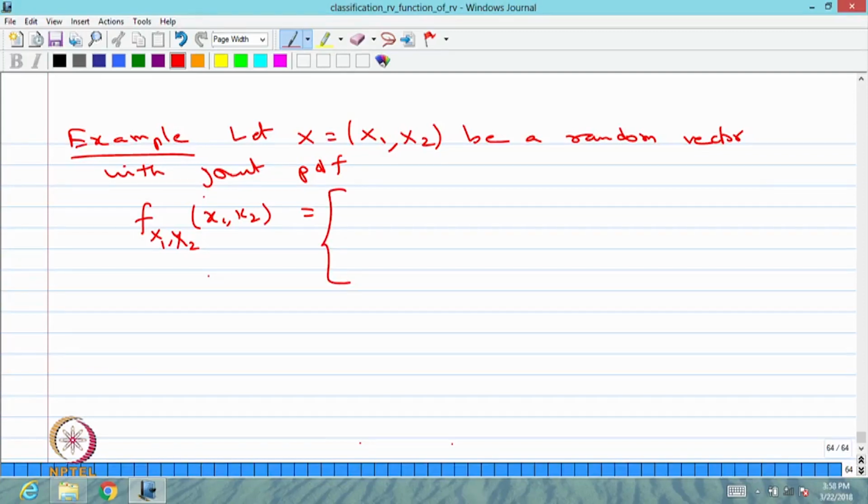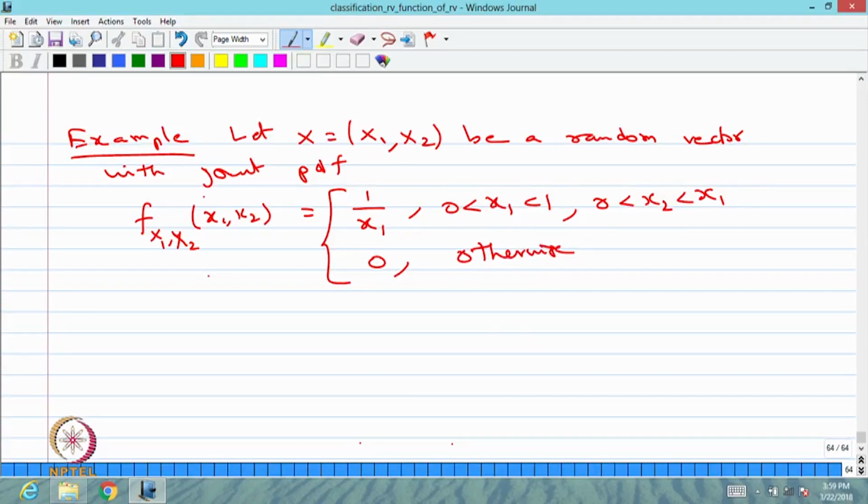that is 1 divided by x1 when x1 takes a value 0 to 1, whereas x2 takes the value 0 to x1, 0 otherwise.